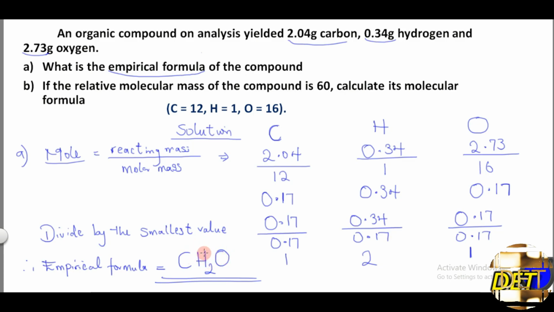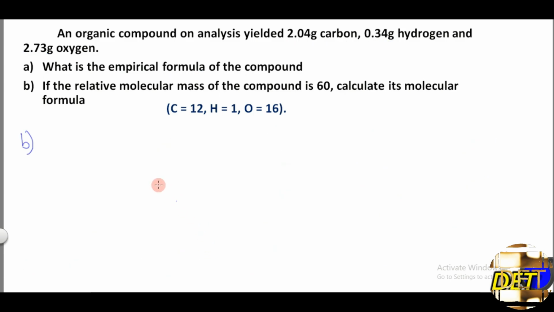And here I'm mentioning that the molecular formula is a whole number multiple n of the empirical formula. So the empirical formula CH2O, in a bracket, times n, is equal to the relative molecular mass of the compound, which is 60. This is how it is represented.